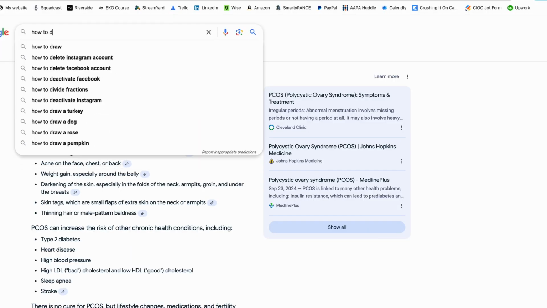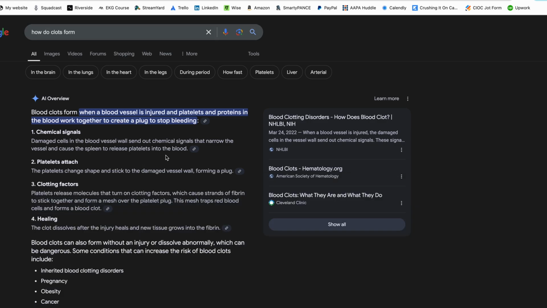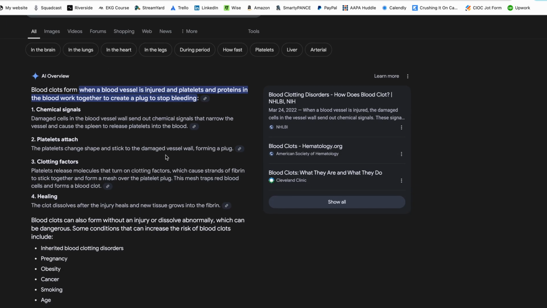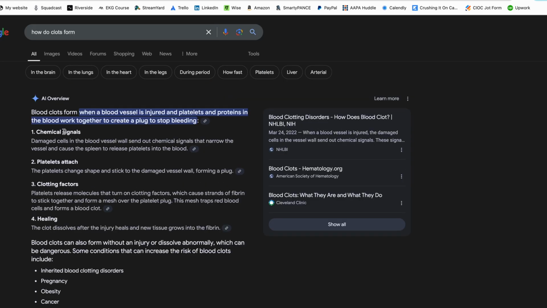So this is where I would just jump to Google right away and say, how do clots form? Because honestly, I don't remember what happens first. Somewhere you're going to find the steps of clotting. And it says that there's chemical systems that happen first, platelets attach, then clotting factors come in, and then there's healing. Well, it's already telling me that platelets attach come before the clotting factors.